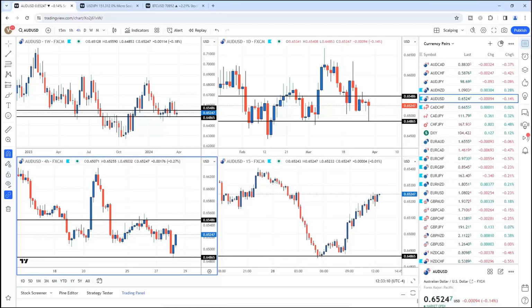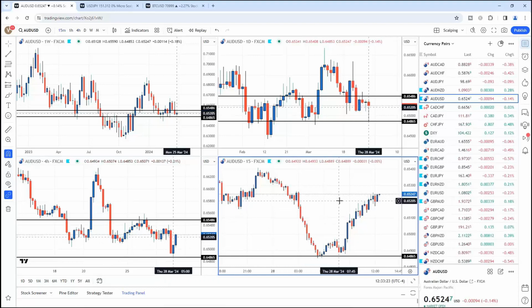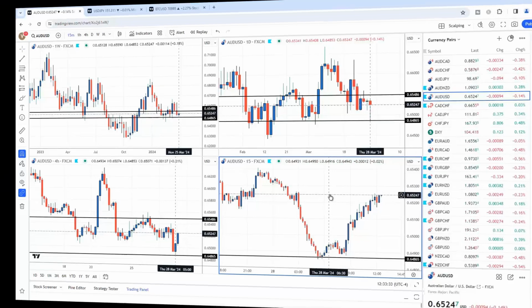Just change your time frame combinations and use a smaller time frame for your entry. That could be a 1 hour chart. It could be a 15-minute chart, like in this case. It could even be a 5-minute chart. I don't go below 5 minute personally. I don't even usually trade 5 minute, but you can go down to very small time frames and use the exact same approach. It's all the same stuff.